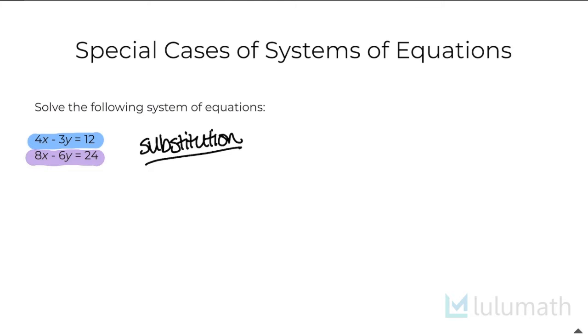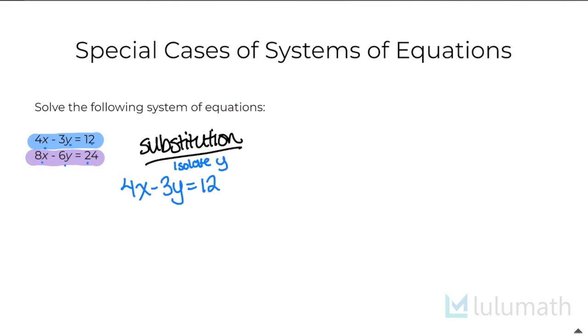So for substitution, I'm going to isolate a variable in one of my equations. So I'm going to take my top equation, 4x minus 3y equals 12. Just doing a quick scan, it appears that none of these coefficients is going to allow us to avoid fractions. So we're going to deal with fractions, okay? So I'm going to isolate the y.